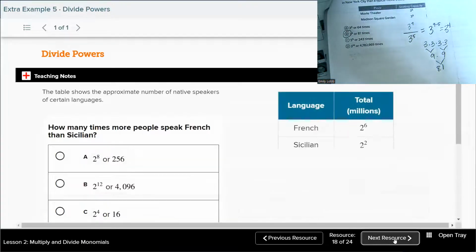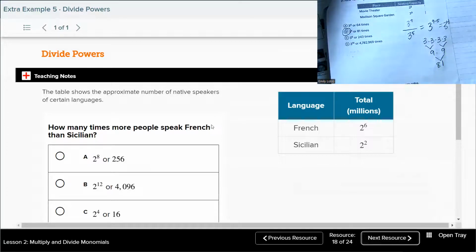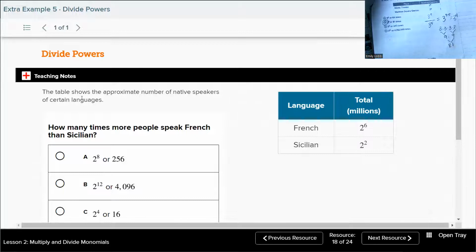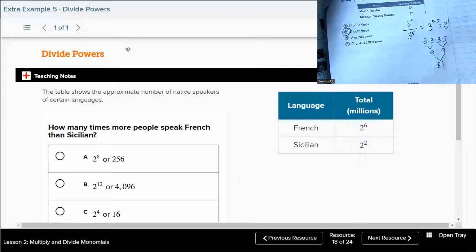All right, dividing powers. Here's an extra example. Let me actually be able to show you. It wants to know how many times more people speak French than Sicilian. So 2 to the 6 divided by 2 to the 2nd power.